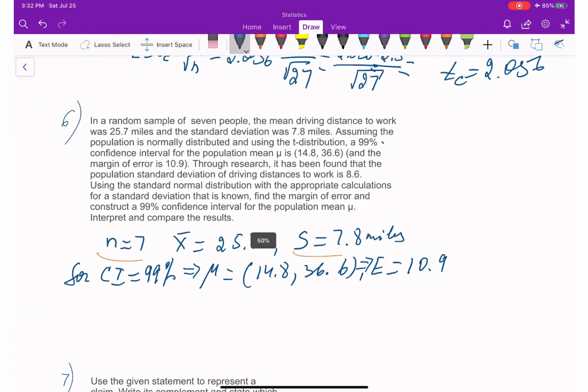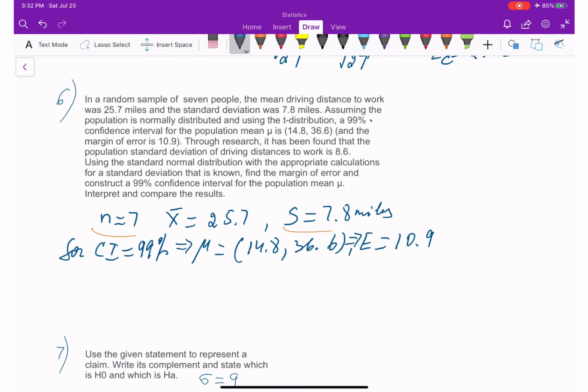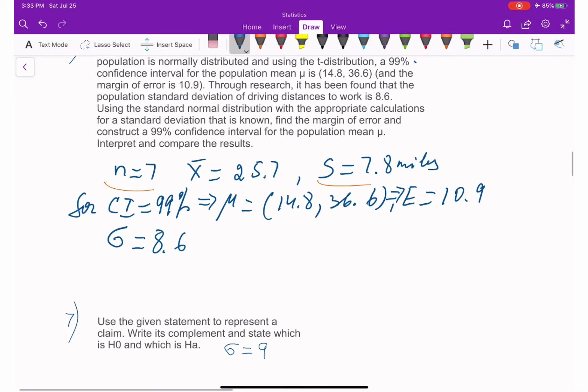Through research, it has been found that the population standard deviation of driving distance to work is 8.6. Using standard normal distribution with appropriate calculation for the standard deviation that is known, find margin of error. So we need to find margin of error for this sigma.